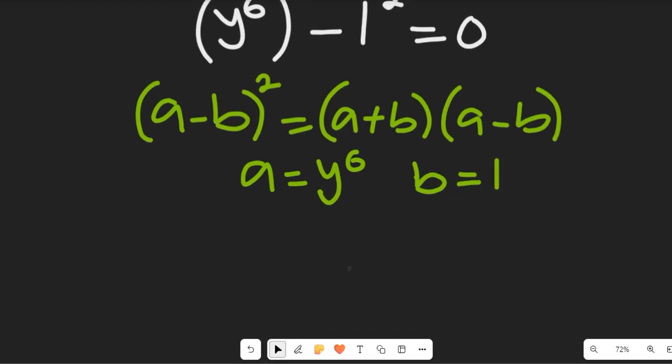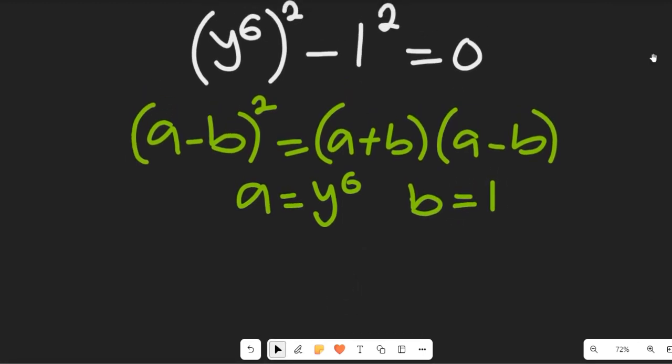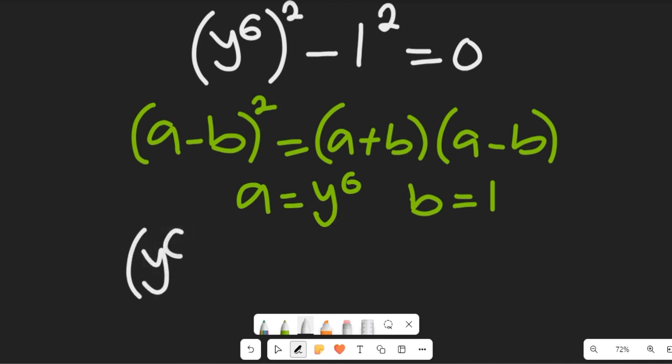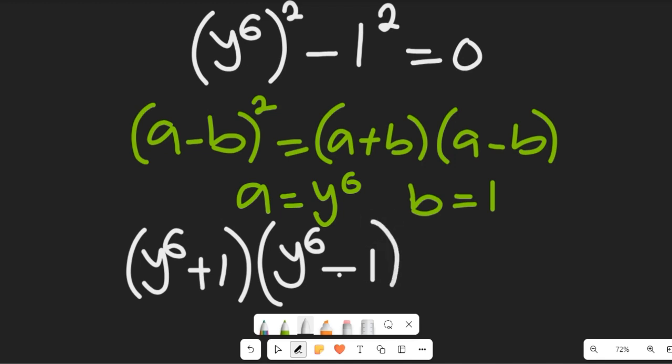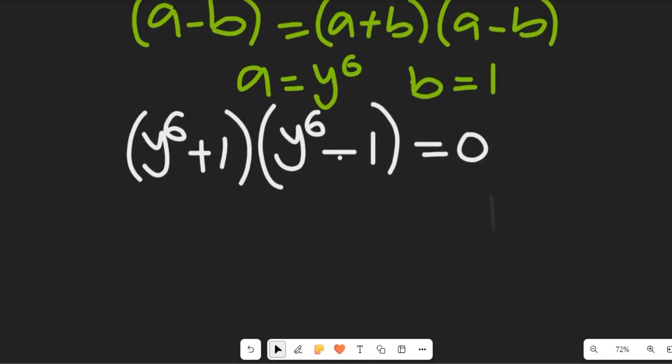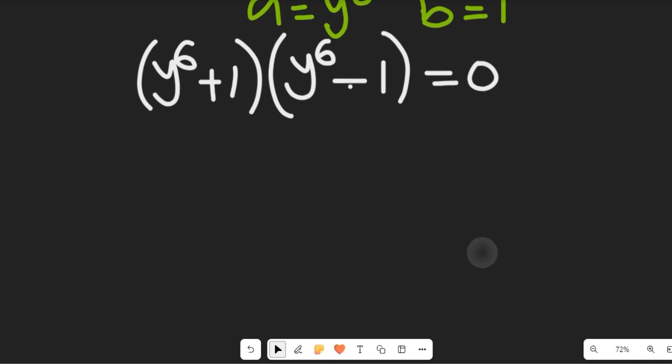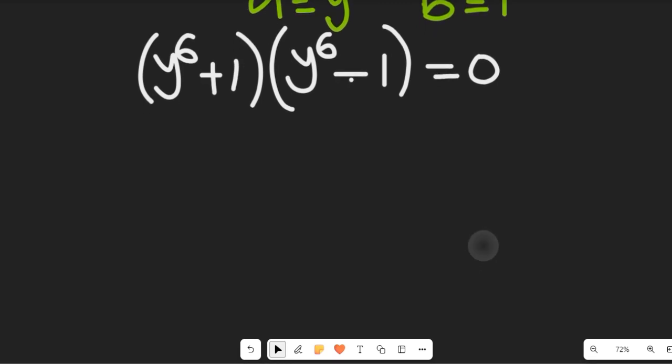So if we simplify this, this will give us y to the power of 6 plus 1, and then multiplied by y to the power of 6 minus 1, and this will be equal to 0.